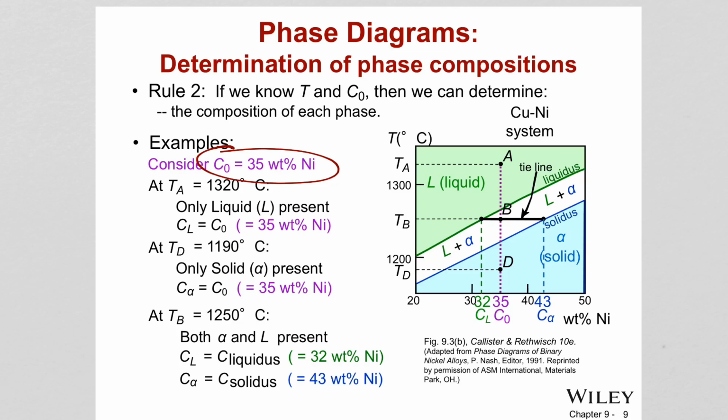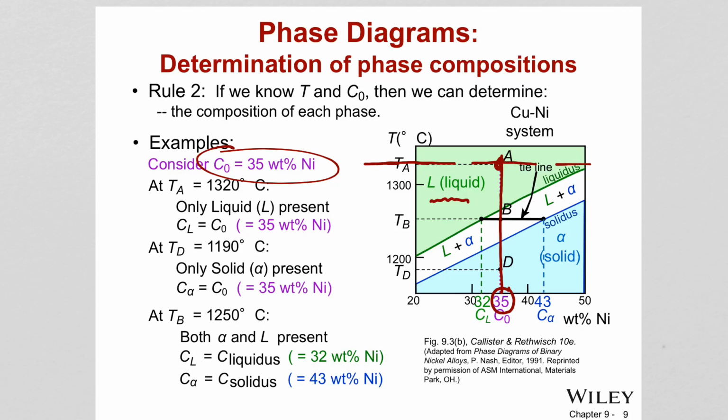So let's look at it. 35 I locate from the x-axis, and I find my temperature line TA, which is 1320, and I go here to the intersection. I find that I am located in the liquid phase, so I only have liquid.